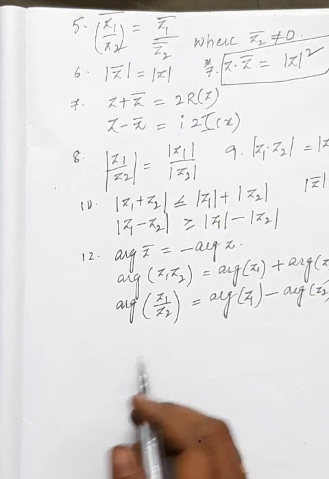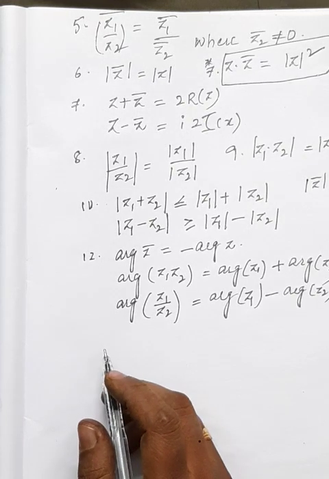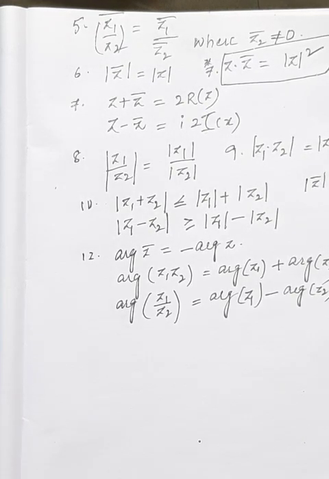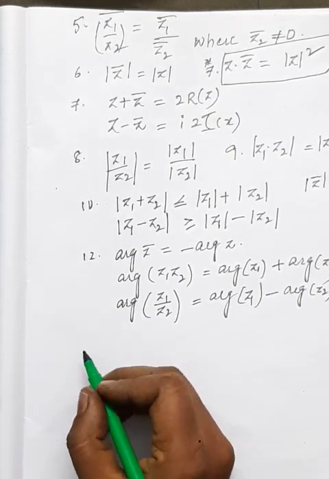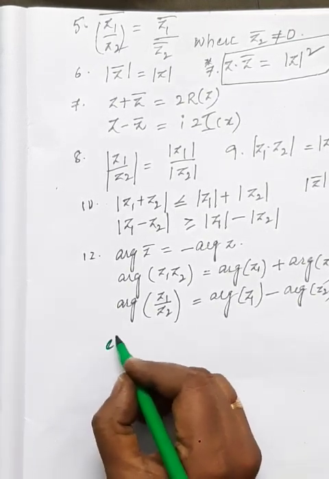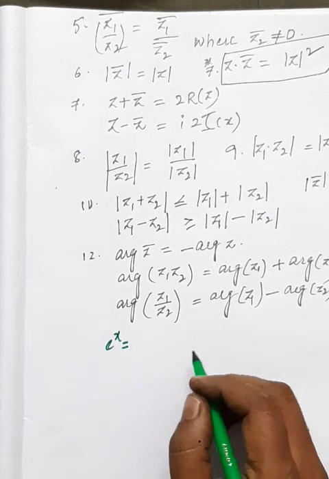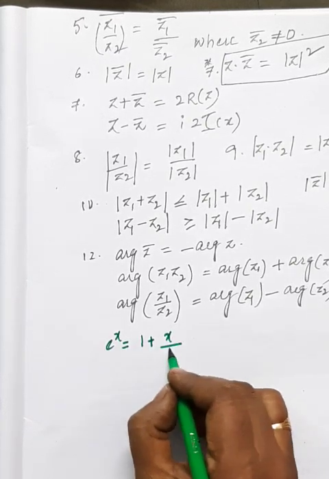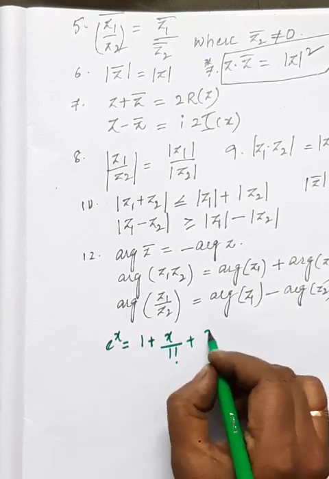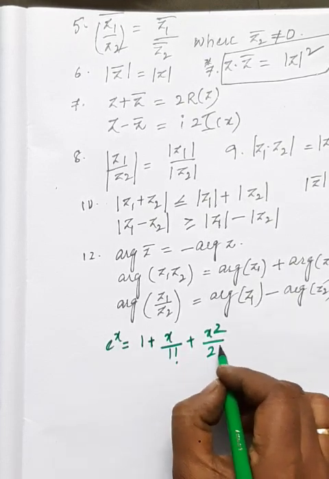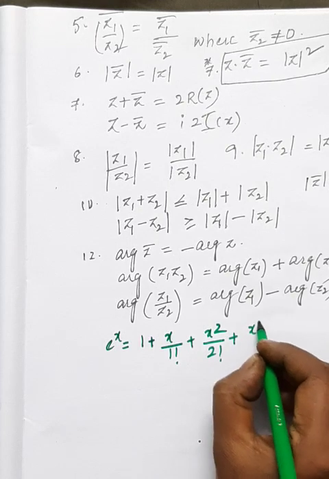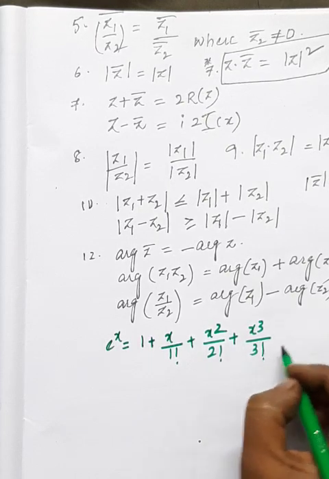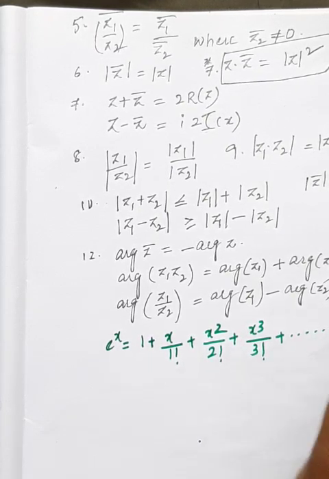Now already we have seen the exponential form of a complex number, but we have e power x expansion as, this is very important expansion, e power x is equal to 1 plus x by 1 factorial plus x square by 2 factorial plus x power 3 by 3 factorial plus so on.